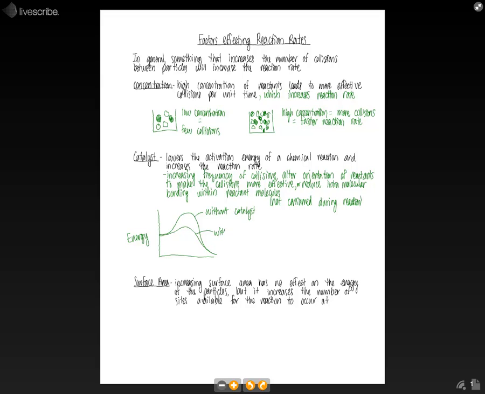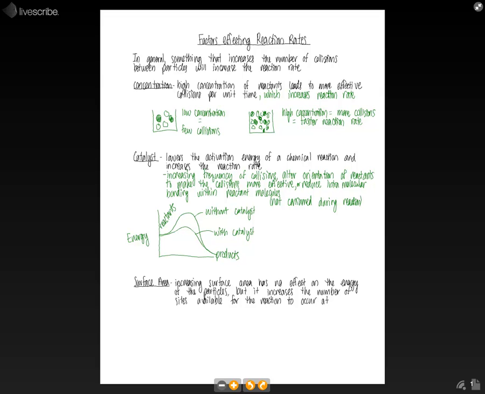And this line will be with a catalyst. And then we have our products here, and we have our reactants here. So this is just a visual of how it lowers the activation energy. Since it has less energy required to make the reaction proceed, it's able to proceed faster.